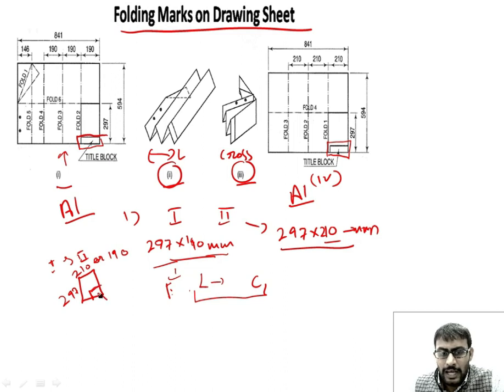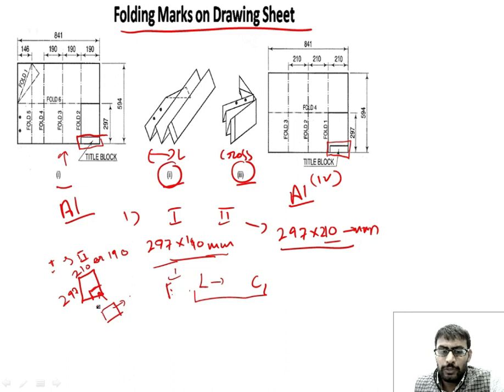But what is the need for the title block at the top side? Because in the title block, which we will discuss in the second slide, all the information is included: your designer's name, drawing number, date of the drawing, and who fabricated the drawing.